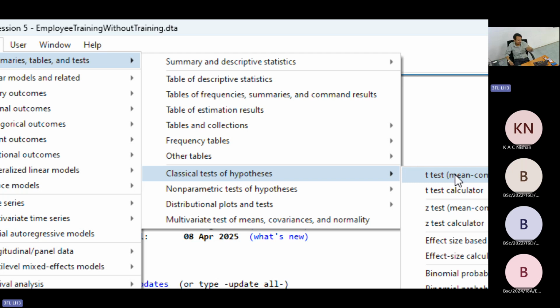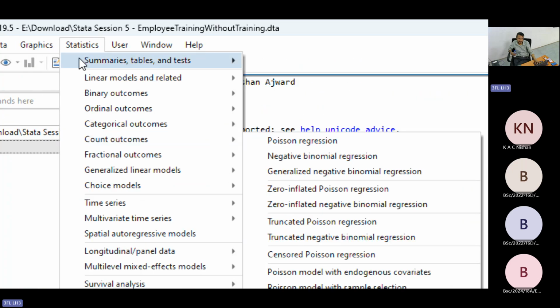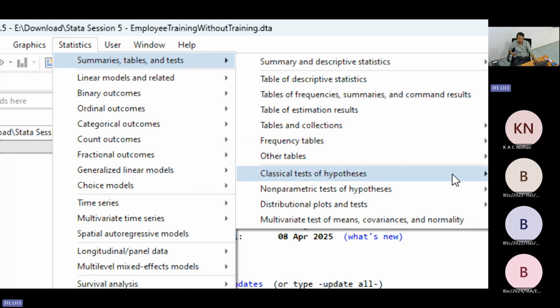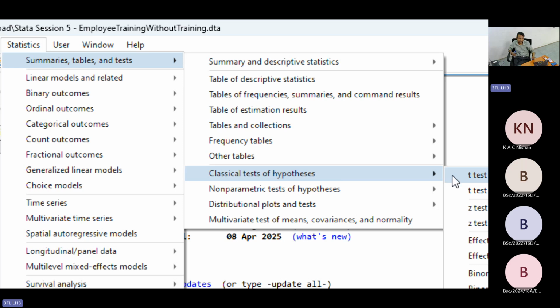Write down these paths. The path again: Statistics, Summaries, tables, and tests, Classical tests of hypotheses. You can go to the first one. Take a note. It's not difficult at all.